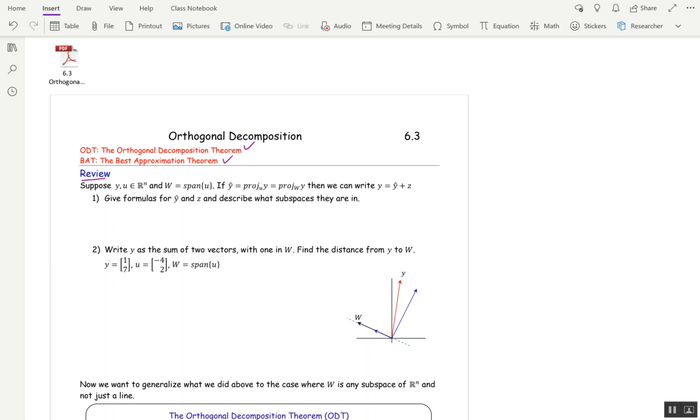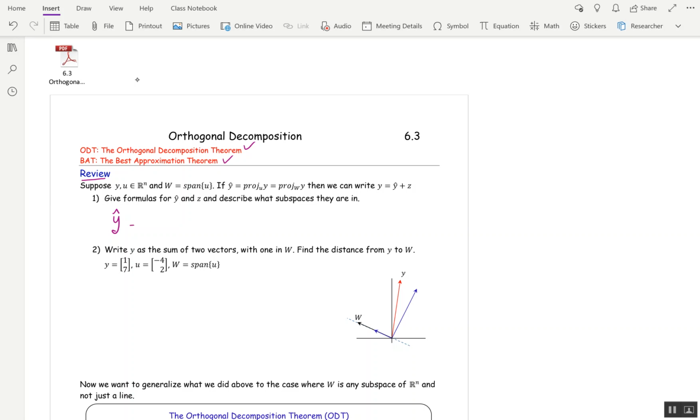So suppose y and u are two vectors in Rn, and W is the line spanned by the vector u. If y hat is the projection onto u of y, then we can decompose y into y hat plus z. What's y hat?